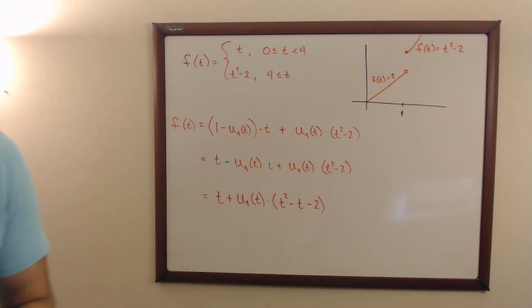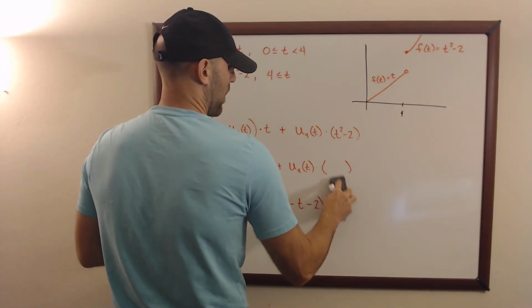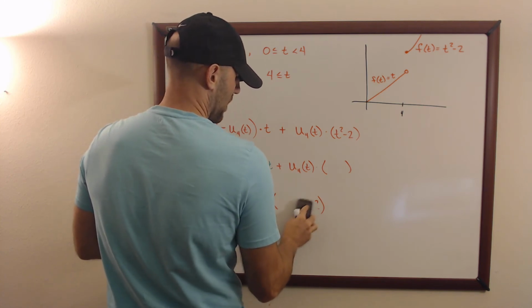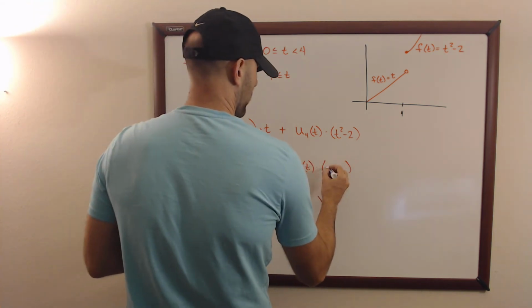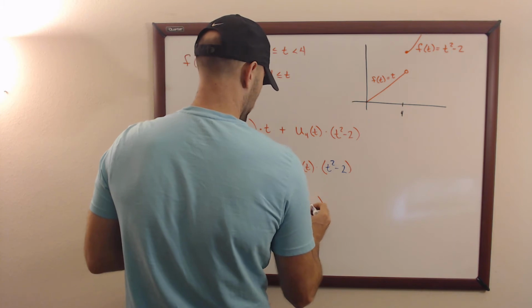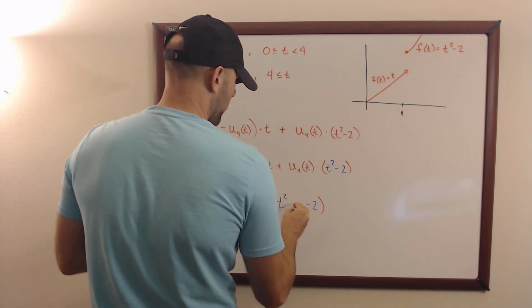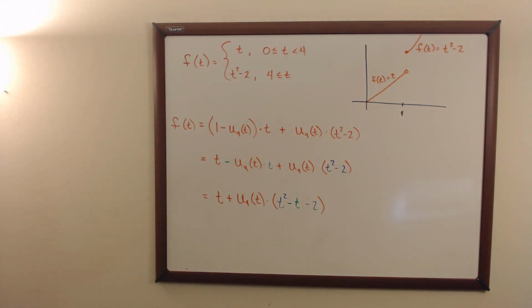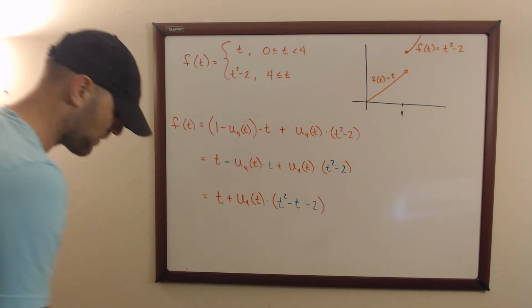All I did was factor out the u sub 4 of t. So really, this is the form that I'm going to want to work with whenever I do my Laplace transforms.